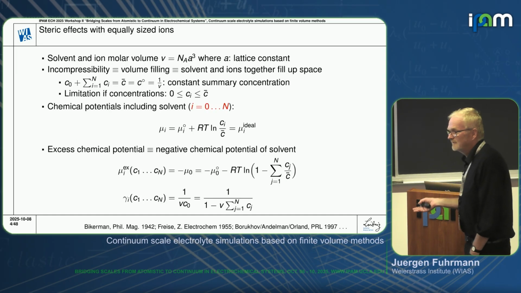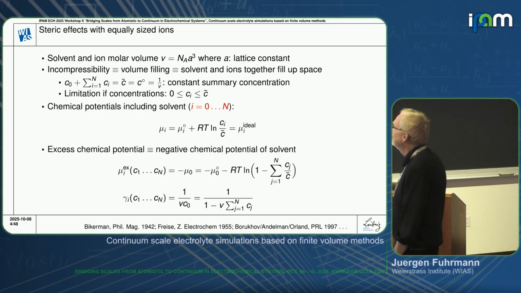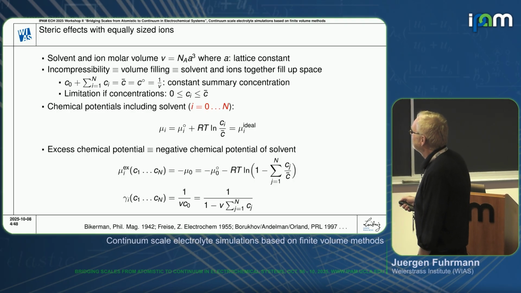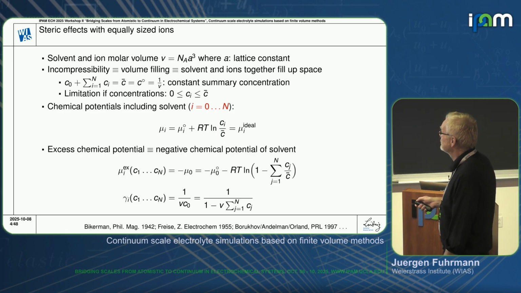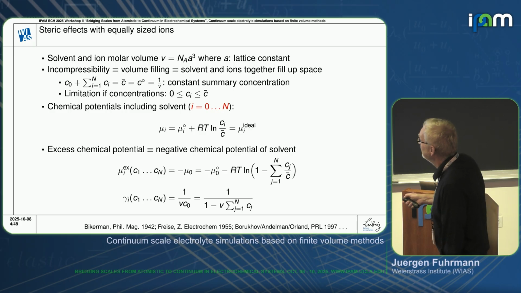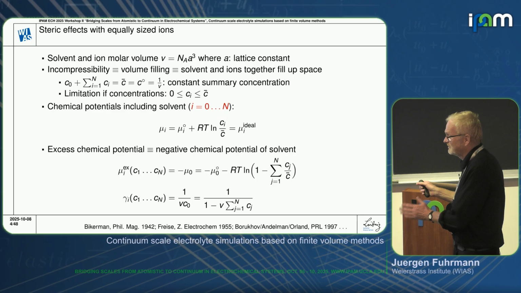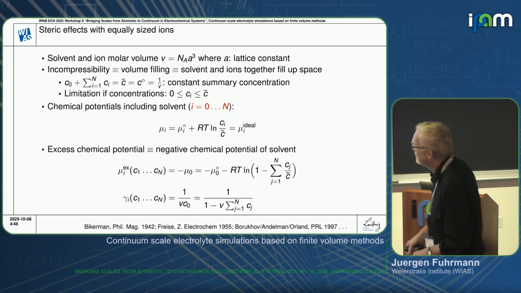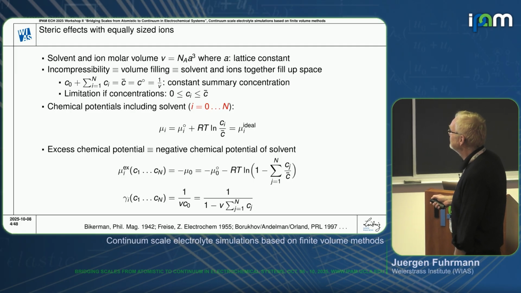I didn't say anything about the excess chemical potential yet. The simplest way to introduce steric interaction is to assume a lattice with a lattice constant A, which gives rise to a fixed molar volume, the same for the solvent and for all other charged species.